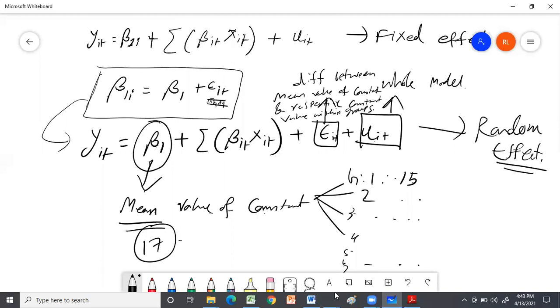One error term is for the whole model and the other is for the differences between the intercept or constant values, between the mean values and their group-wise values. We indicate the difference between these two with this error term, and that's why sometimes the random effect model is also known as ECM or error components model. Error components model.